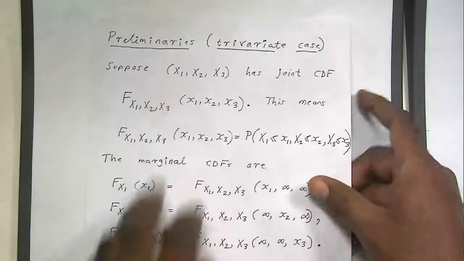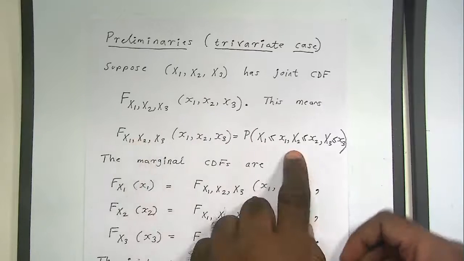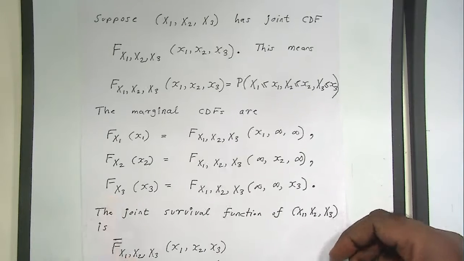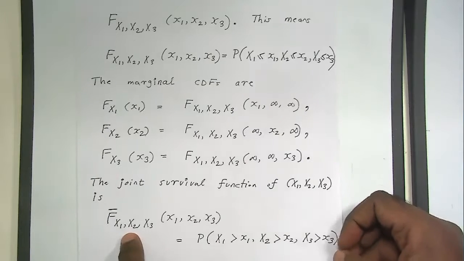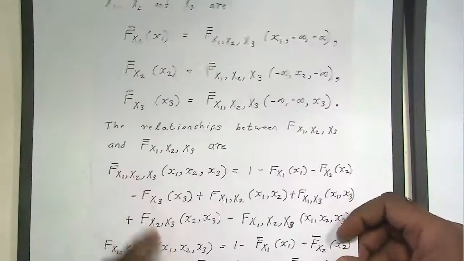And then I gave you some preliminaries in the trivariate case, where you have a triplet of variables. This is the joint CDF. These are the marginal CDFs, and this is the joint survival function. And these are the marginal survival functions, right?